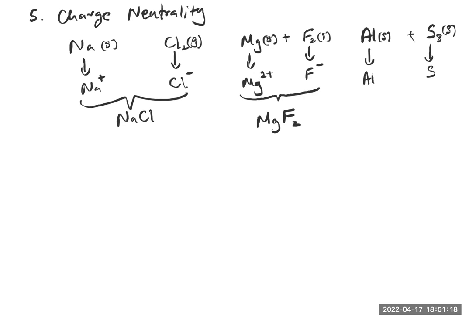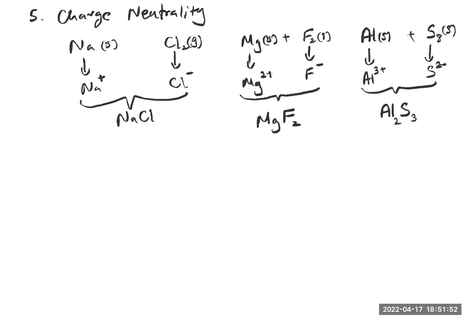Aluminum will always form +3 because it has 3 valence electrons, and sulfur will always form -2 in an ionic compound. Therefore, when they combine to have a neutral compound, they're going to have 3 sulfur and 2 aluminum ions. And how did I get this number?